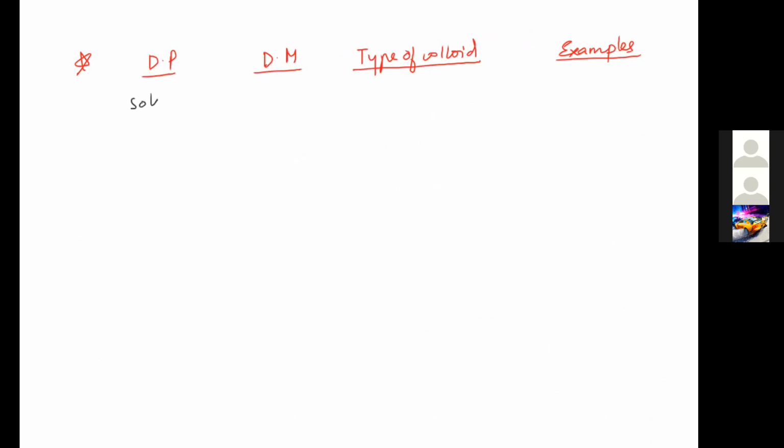If I have dispersed phase solid and dispersed medium also solid, I call it a solid solution. Examples will be some colored glasses and gemstones. They'll have different things mixed up together. So this is one combination.